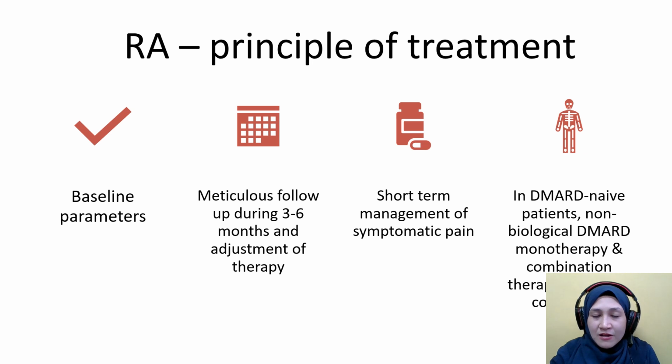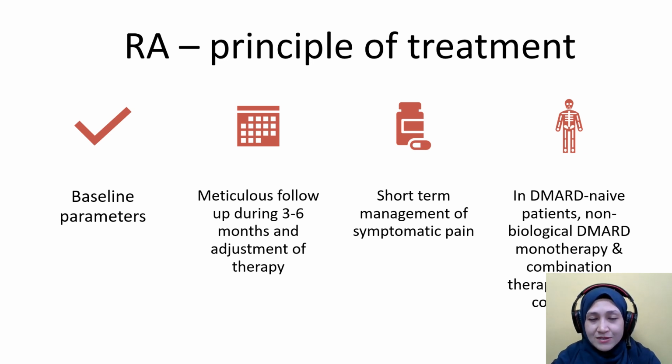So the principle of treatment is to check on the baseline parameters. So we need to check on the ESR, C-reactive protein, and also do a follow-up during 3 to 6 months, and adjust the therapy, because this is a long-term disease, so it will not change much within 1 or 2 days.